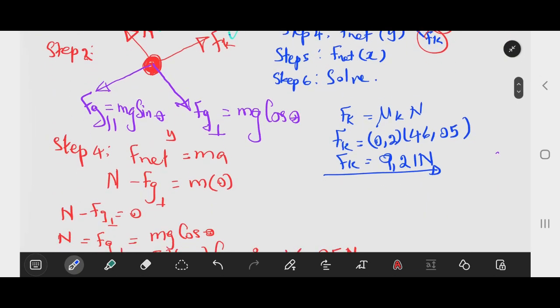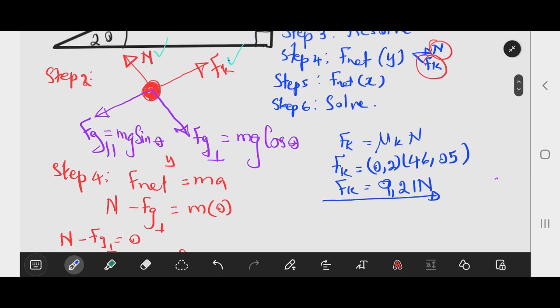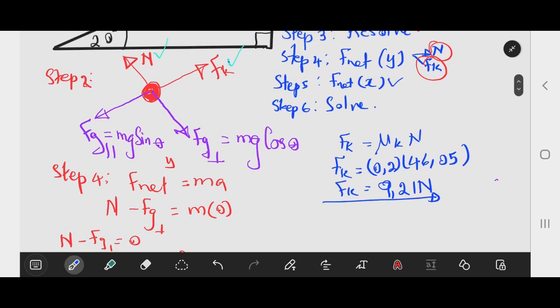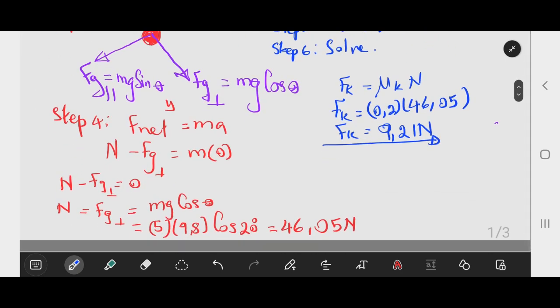All right, so the next step is to find the net force in the x-axis, right? So how many forces do we have in the x-axis? We have two forces, right? So if we were to conduct the F net in the x-axis, let me just erase this so that we have more space.